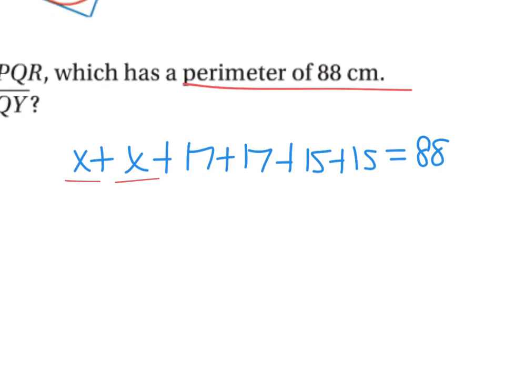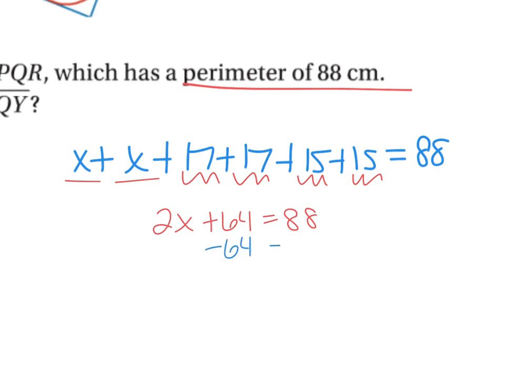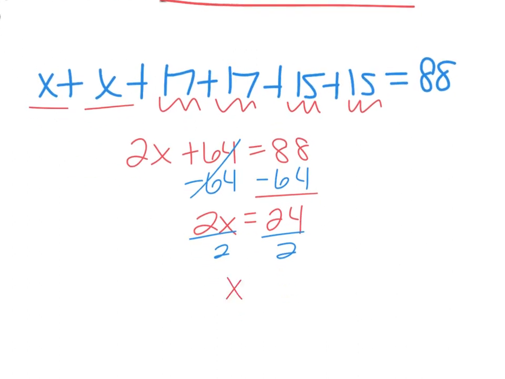X plus X is 2X. All of these numbers is 64, I believe. And then drop down that equals 88. Now it's a two-stepper. Subtract 64 from both sides. You have 2X equals, what is that? 24. Divide by 2. X is 12.